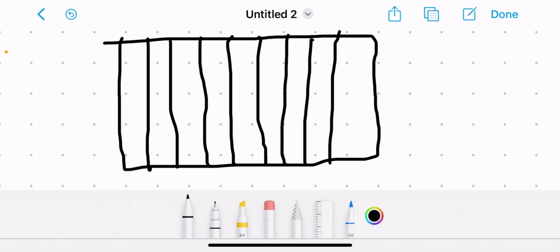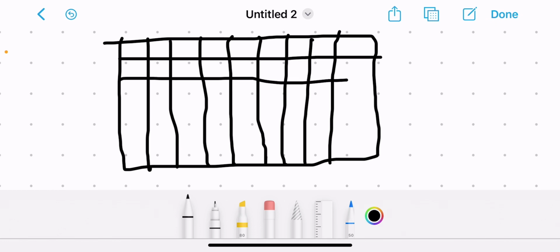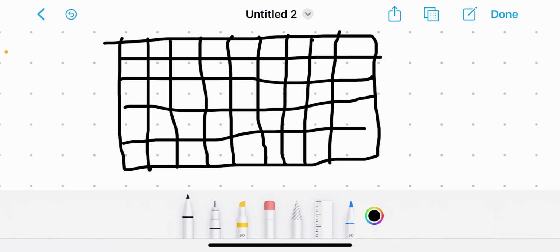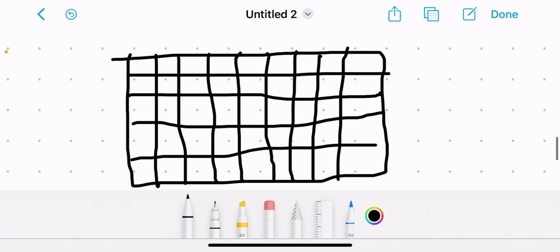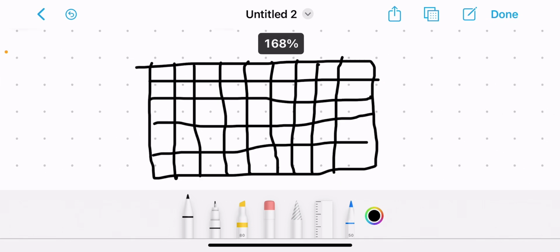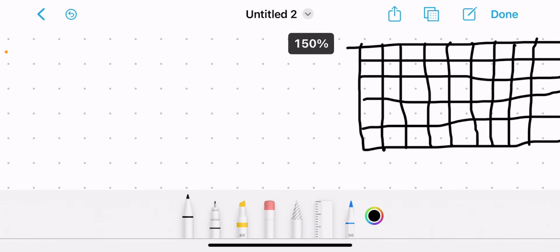Then I need to create 5 rows. 1, 2, 3, 4, and 5.